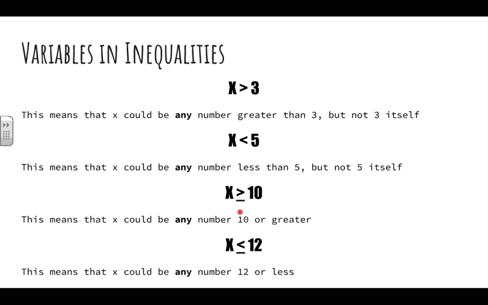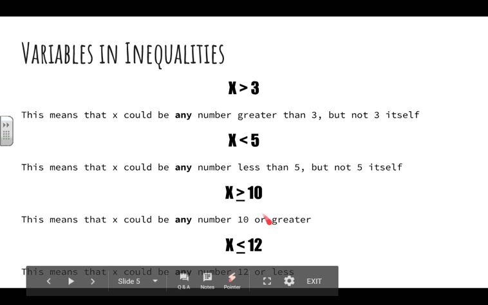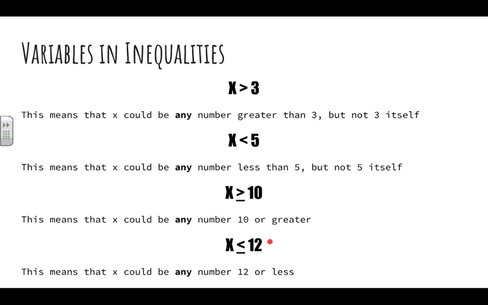So x could be 10, x could be 10.5, x could be 100. And finally we have x is less than or equal to 12. So this means that x could be any number 12 or less. So it can be 12, it could be 11, it could be -32.